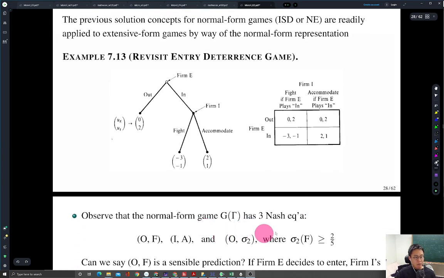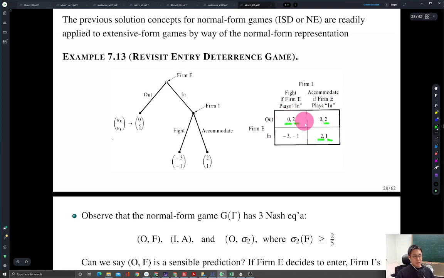If we adopt Nash equilibrium and examine each player's best response, for the entrant, staying out is the best response to fight, and choosing in is the best response to accommodate. Conversely, for the incumbent, in case of out, the two strategies yield the same payoff, so both can be counted as best responses for the incumbent, and in case of in, accommodating is the unique best response.